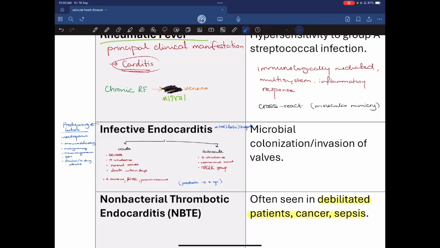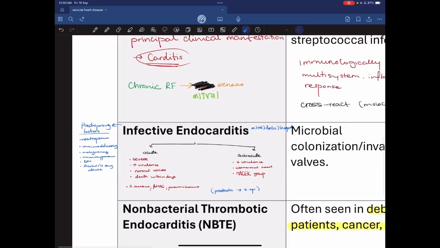The most common causes are the HACEK group and the Viridans streptococci. If you remember, Viridans was the one giving a risk for endocarditis after, for example, a dental procedure. Also, there is a microorganism that can cause infective endocarditis when the patient has a prosthetic valve, which is Staph epidermidis. Do you remember its biofilm ability?